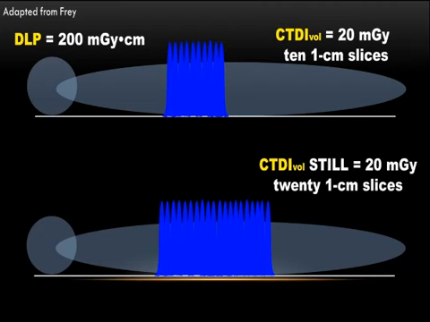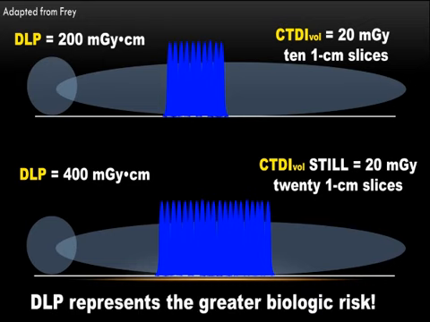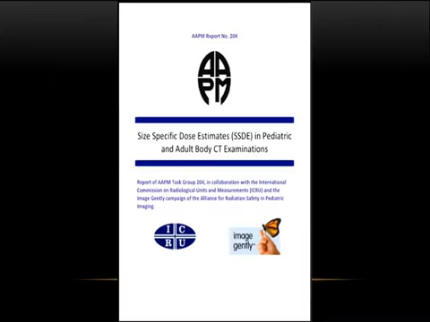If I double the number of slices to 20, my CTDI vol is still 20 milligray. But I think even all of us in this room can agree that there's probably a greater risk from 20 slices than 10 slices, and the DLP correctly reflects that, and it has a value that's twice as great as when we were using only 10 slices. So the DLP does represent the greater biological risk.